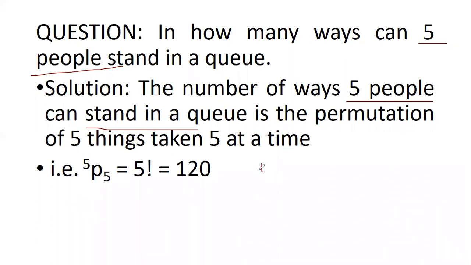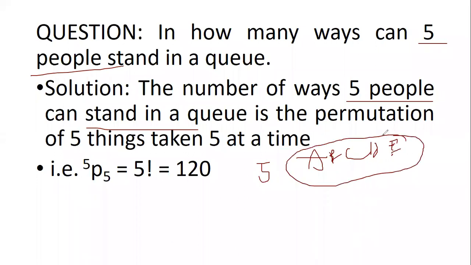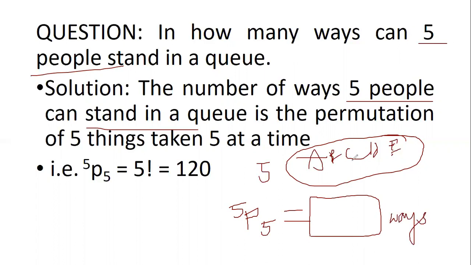Out of 5 people, A, B, C, D, E, I consider all the 5 people at a time. How much is the answer that I will get? That will be the number of ways 5 people can stand in a queue. Understood? Did you understand the question first?